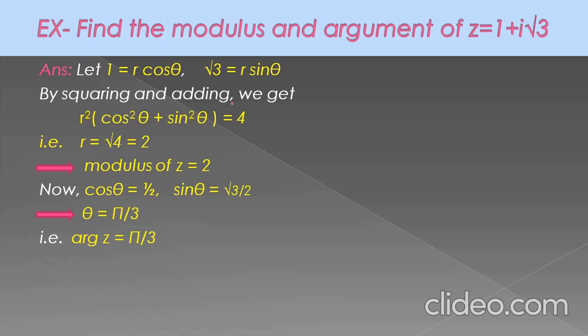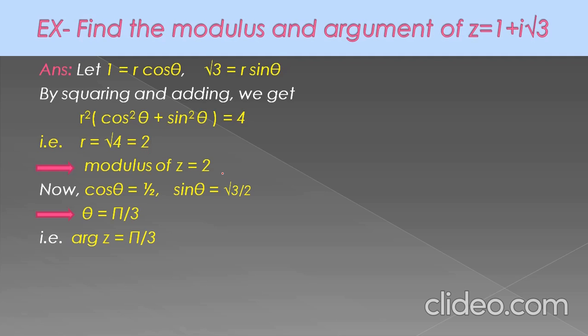Now by squaring and adding, we get r square (cos square theta plus sin square theta) equal to 1 plus 3, that is 4. Now cos square theta plus sin square theta is 1, so r square equals 4, that is r equals under root 4, that is 2. So we can say the modulus of z is equal to 2.